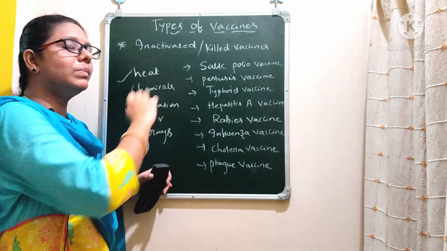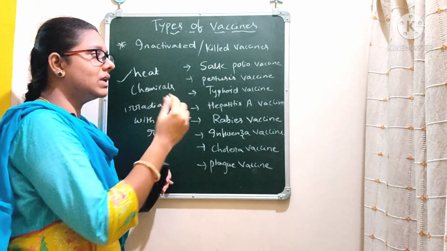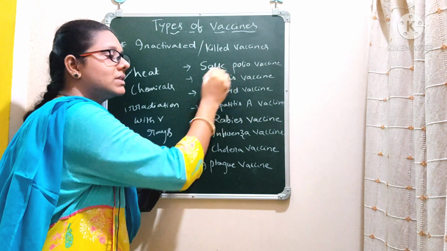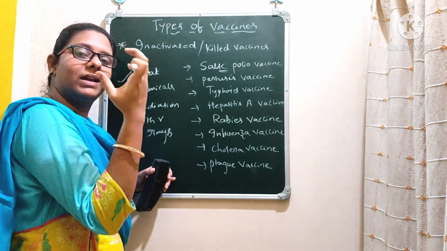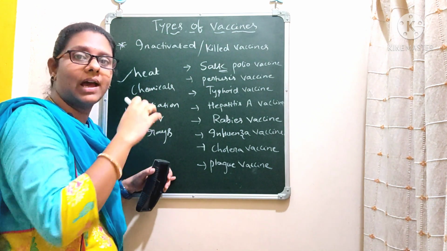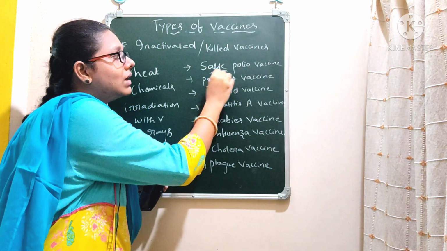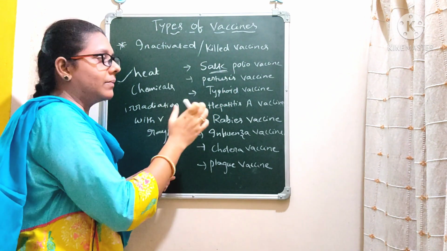Some examples of these vaccines include the Salk polio vaccine. You can easily remember that K stands for a killed vaccine, whereas Sabin is also a polio vaccine which comes under the category of a live vaccine, which is an attenuated live vaccine. But here the Salk polio vaccine is a killed vaccine, right?